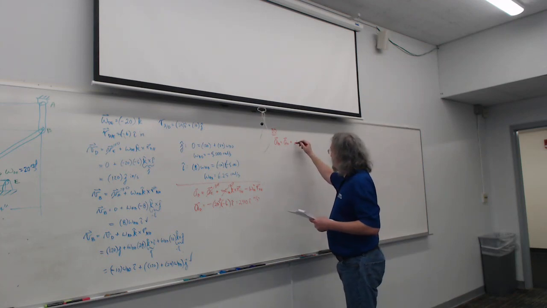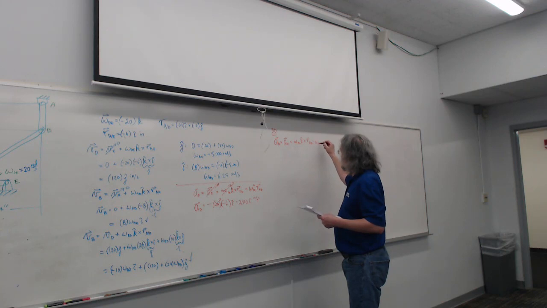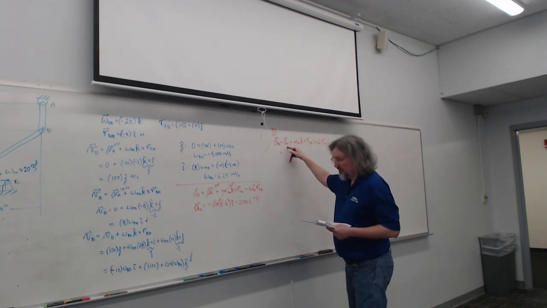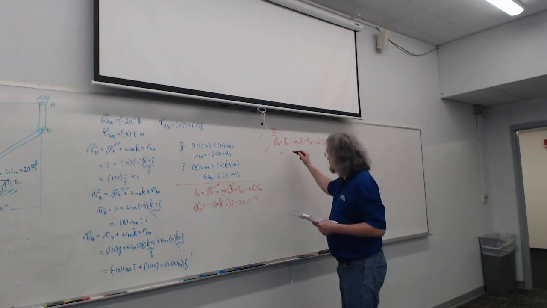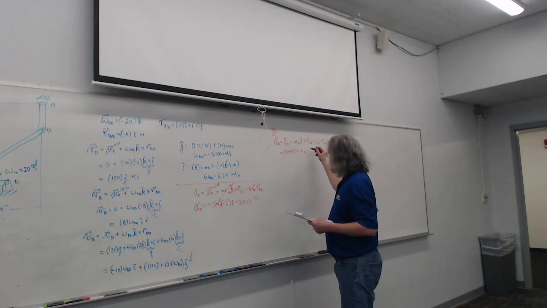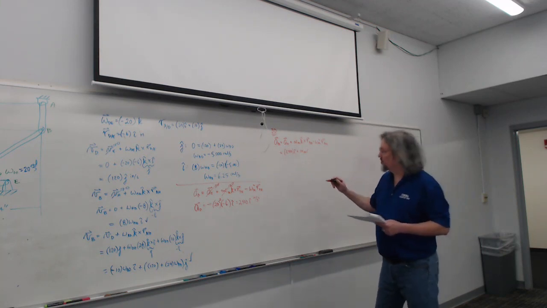So we're going to go alpha BD K crossed with R B with respect to D minus omega BD squared R B with respect to D. And so we already have this value that we just found, 2,400 I plus omega BD, we don't know what that is, but the R B with respect to D, we're looking upwards, it's 24.